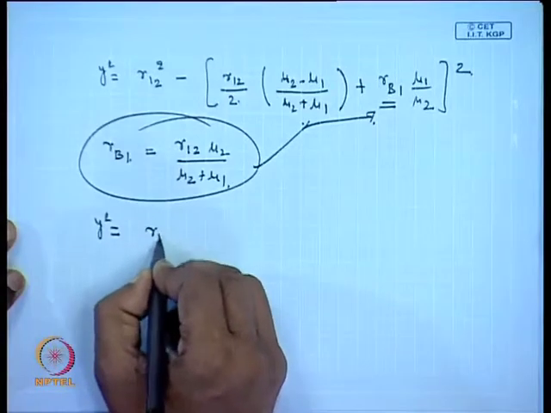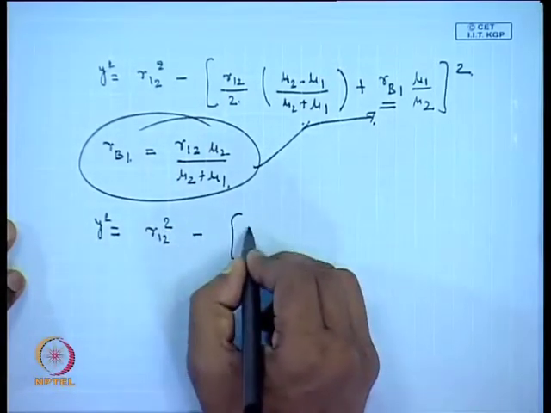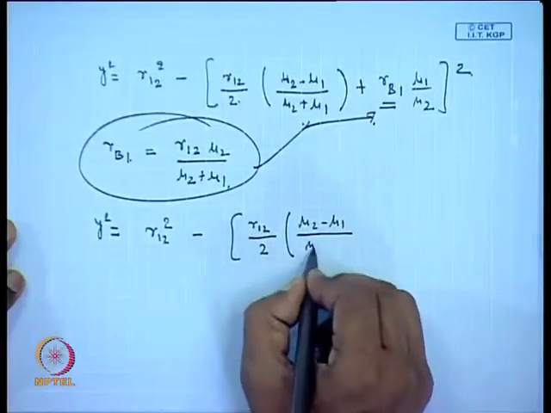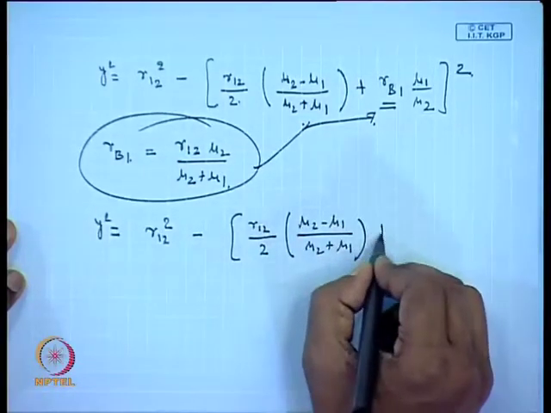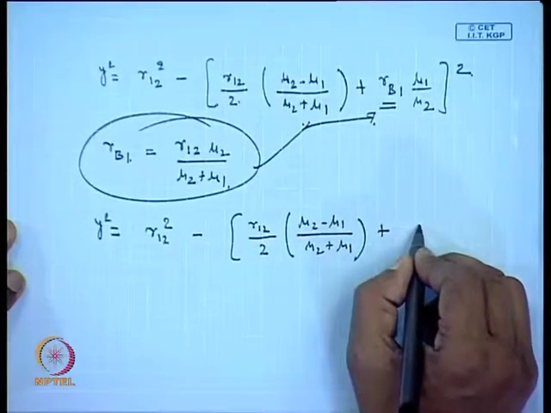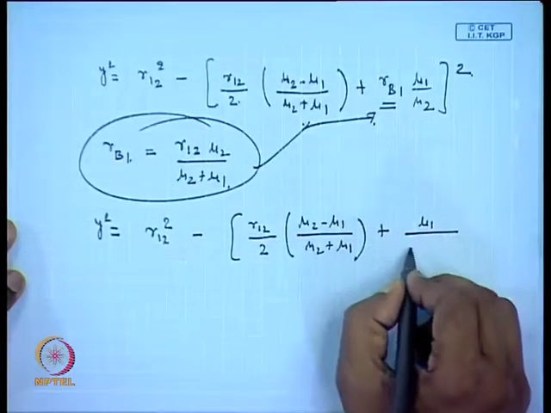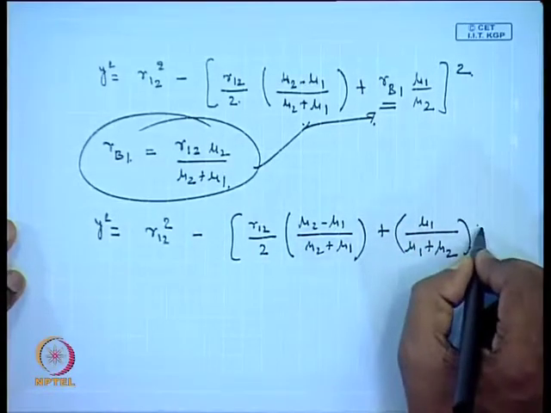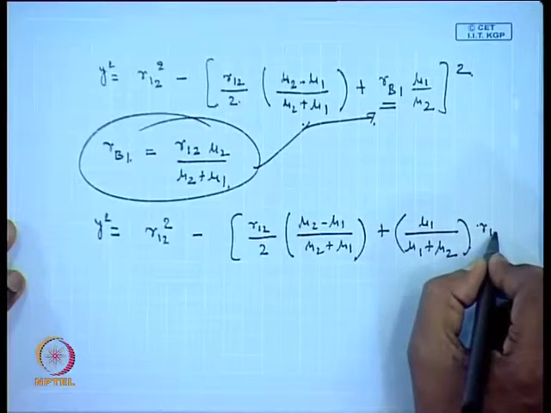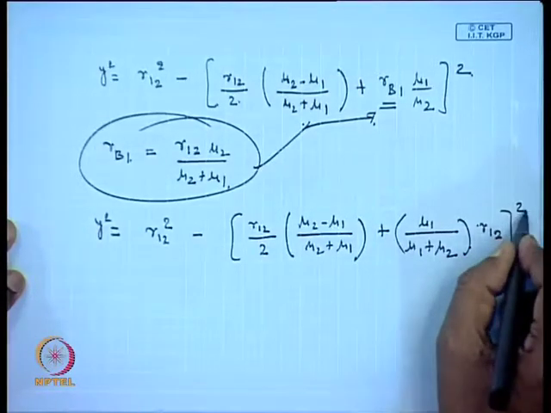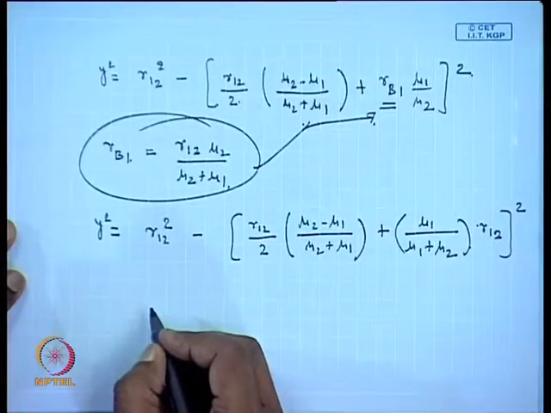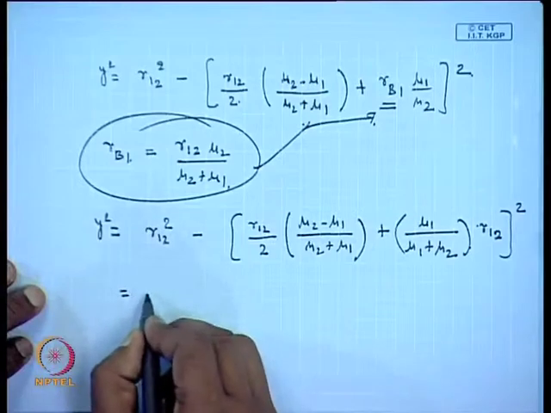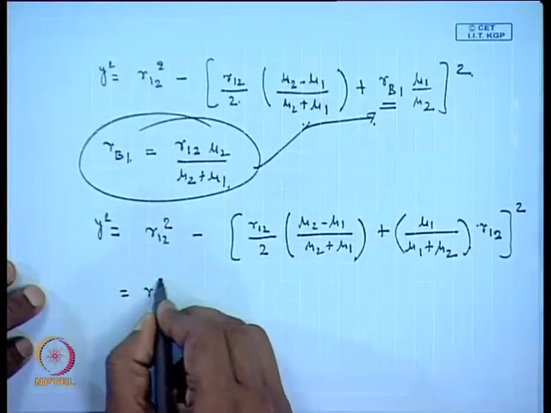Okay. So, r 1 2 whole square minus r 1 2 divided by 2 times, this becomes, mu 1 by mu 1 plus mu 2 times r 1 2. So, r 1 2 can be taken out of the bracket throughout.